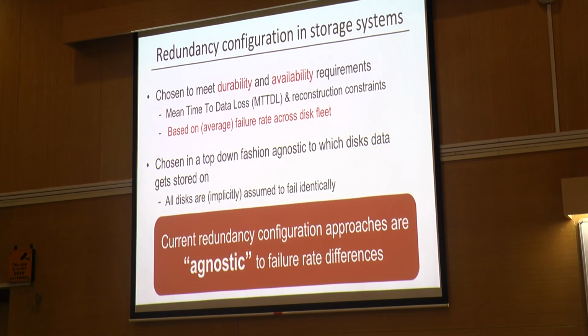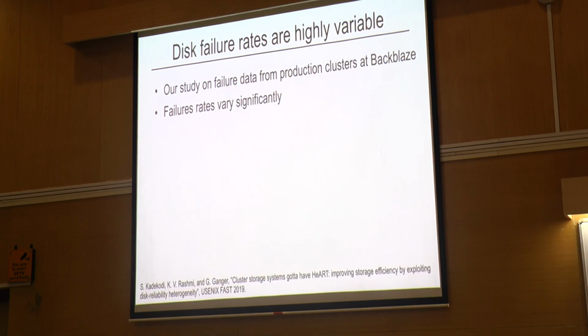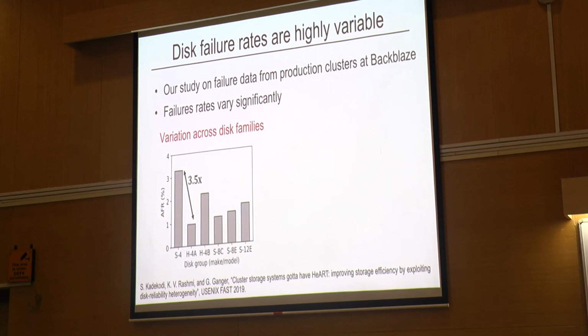Those are agnostic to the differences in failure rates of the various disks, and there are differences, as I'll show. We did a study on the failure data from a company called Backblaze, which is a data backup company, and we observed that failure rates vary significantly. I'll briefly touch upon this data soon.